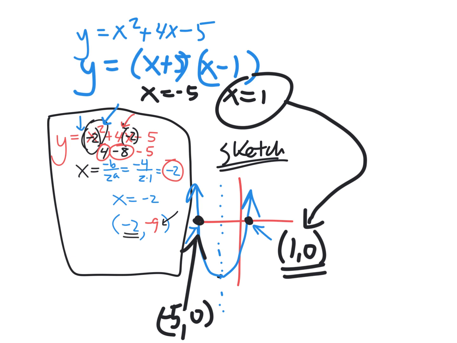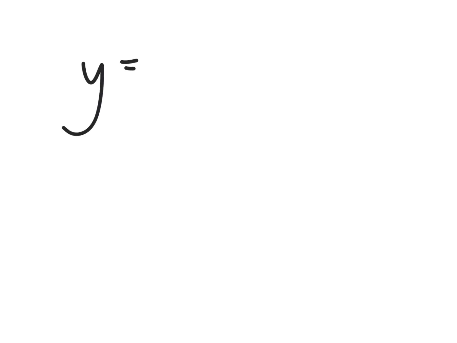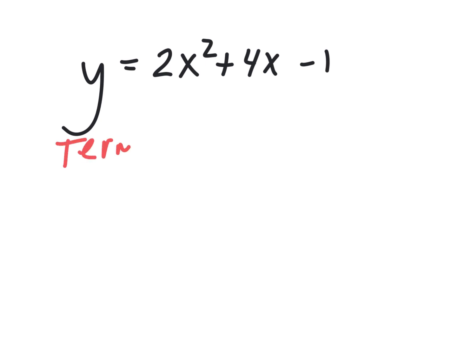Well, if I give you an equation, like for instance, 2x squared plus 4x minus 1, you should be able to tell me a whole bunch of things. Number one, how many terms does it have? Number two, you don't have to write terms, you can just write A, B, C if you want to.